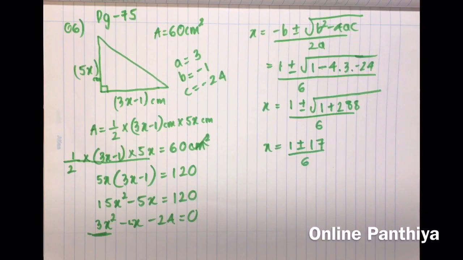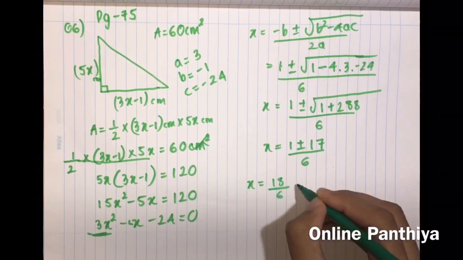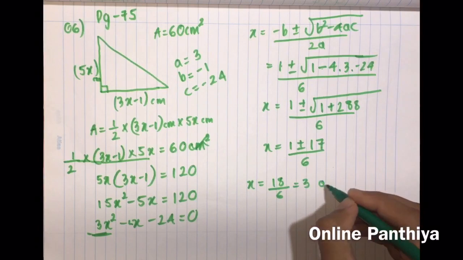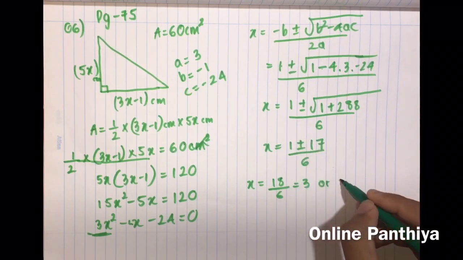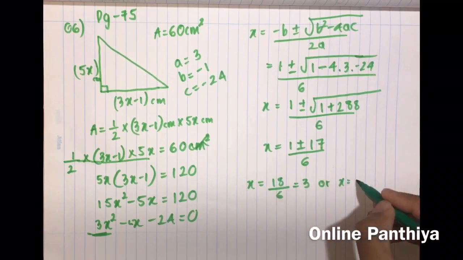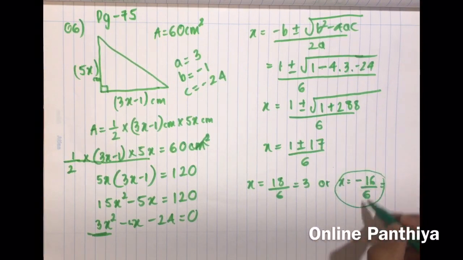Now isn't it easy? Yes, x is equal to, let us take the plus value first. 17 plus 1 is equal to 18. 18 divided by 6, that will give you 3. Or you can take the minus value. Minus 17 plus 1, that is minus 16 over 6. You don't need to solve this.